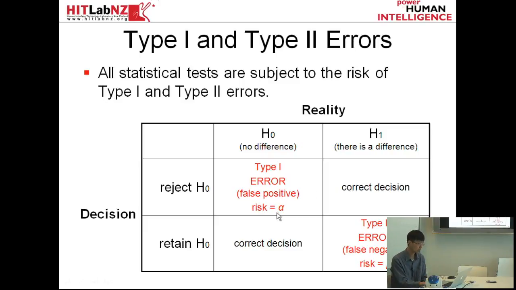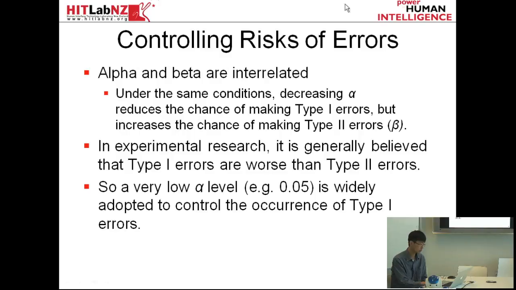And the risk of making this type 1 error is usually called the alpha level. This is again the probability level at which a type 1 error is acceptable. We also talked about alpha and beta, which is the probability of making a type 2 error, which is quite related, but the bottom line that we wanted to remember was that scientists are very conservative, so they really don't want to make errors, especially type 1 errors, saying a certain idea is better than what we've been doing so far.